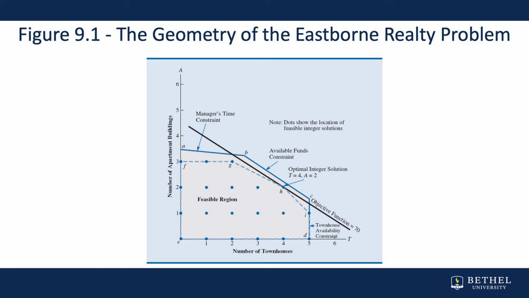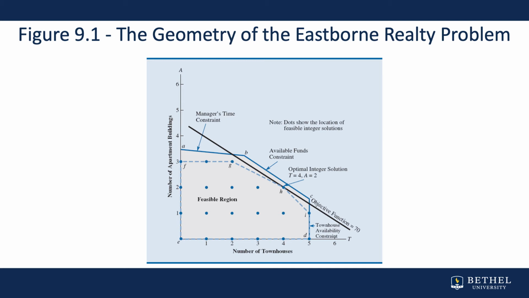We have to choose whole numbers. As you see there, the objective function now has to not only pass through the feasibility region, or the feasible region as we call it, it also has to strike one of the whole integer numbers of apartment buildings and townhomes.